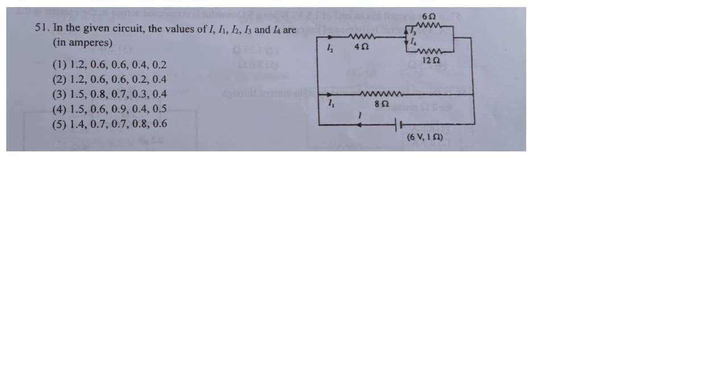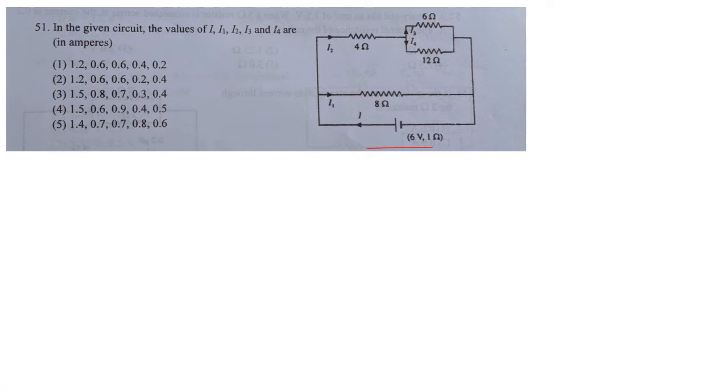Okay, this question: in the given circuit, the values of I, I1, I2, I3, and I4 are in amperes. It will be easy if we can find I first. Here the battery is 6 volt, but it also has internal resistance.